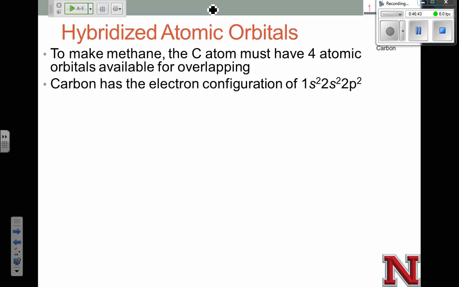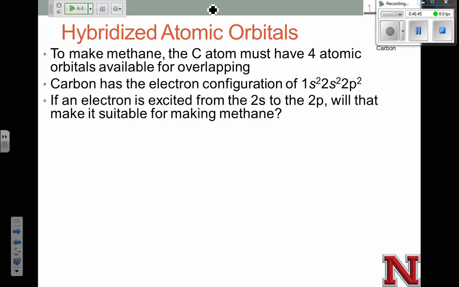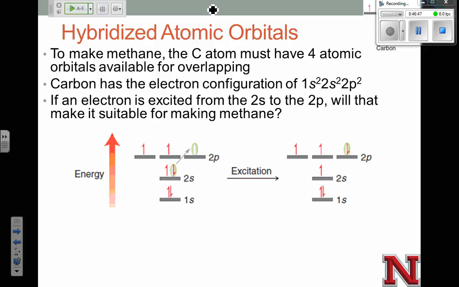So hybridization is really important. It turns out that, of course, our carbon wants to form 4 single bonds. If we look at this, which is what I drew earlier, we only have 2 available electrons, but 4 of them want to share. So what we typically can think of is, okay, we excited one of these 2 s electrons into a 2p.